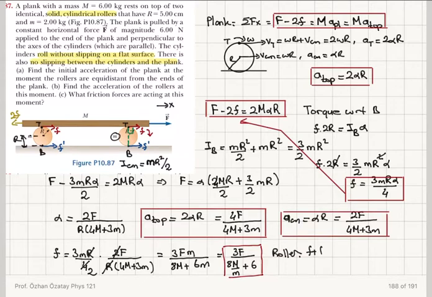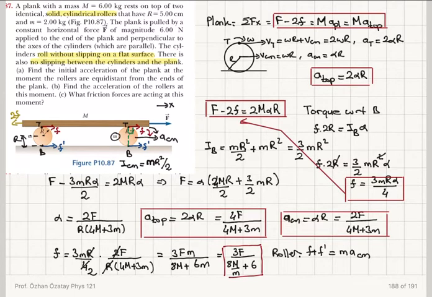I can look at a roller. So for a roller, I have two forces. f plus F prime is equal to mass times acceleration of the center of mass. Now I have to be careful about the relationship between alpha and acceleration of the center of mass.